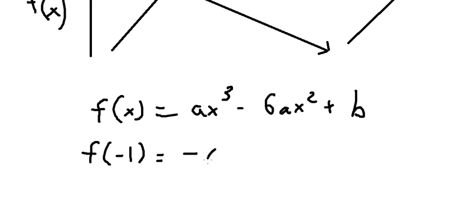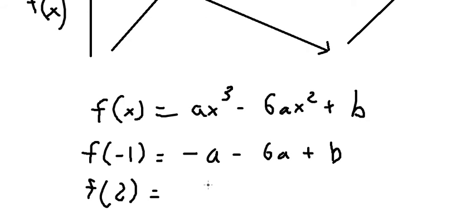We got negative a, negative 6a plus b. F of number 2, you will got 8a. This one you got negative 24a plus b.